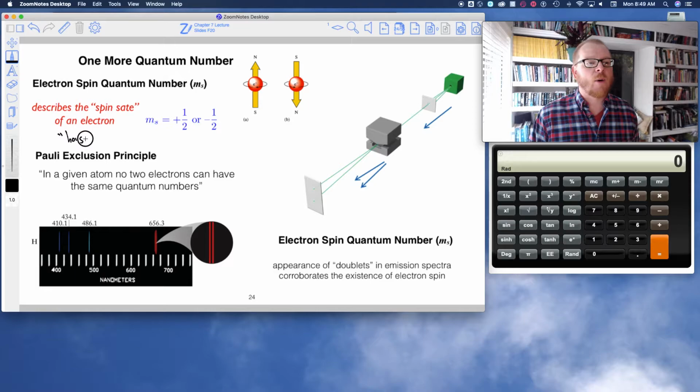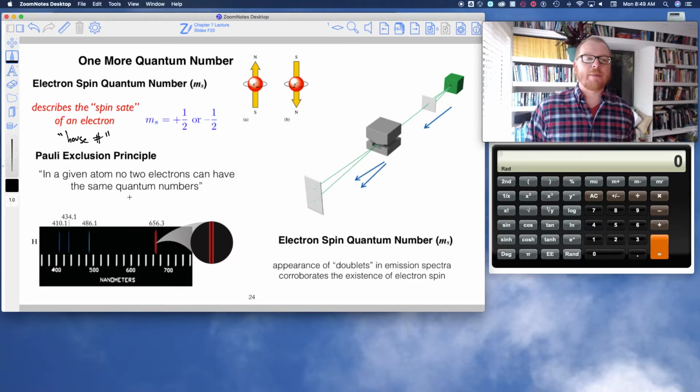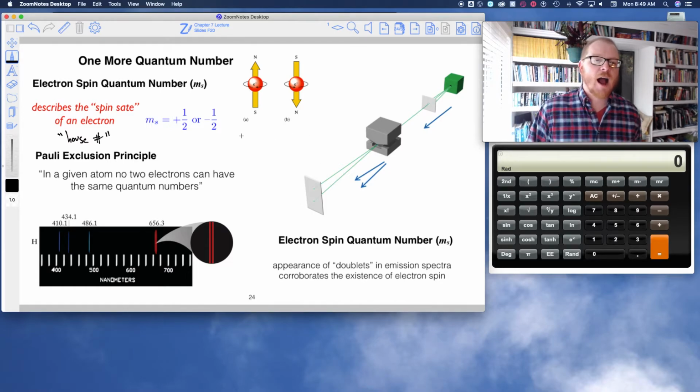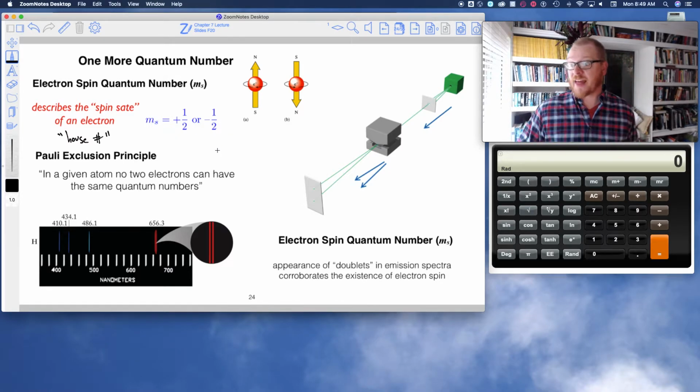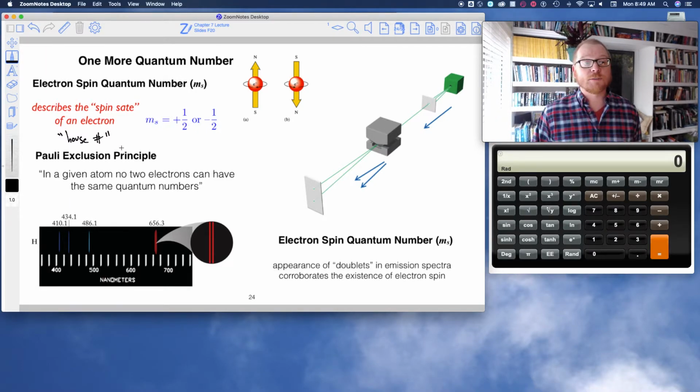This is like our house number on our street. And as it turns out in quantum mechanics, there's only 2 allowed house numbers. It's like a mother-in-law unit or whatever. +1/2 or -1/2. That's it. And what does that correspond to? Well, it corresponds to the electron spin.